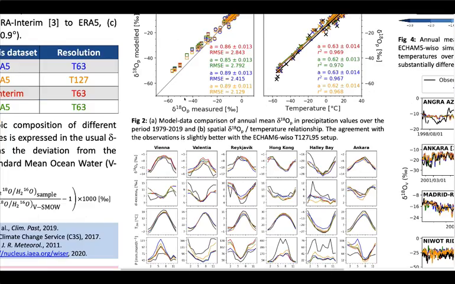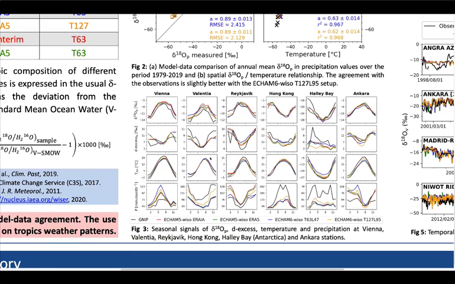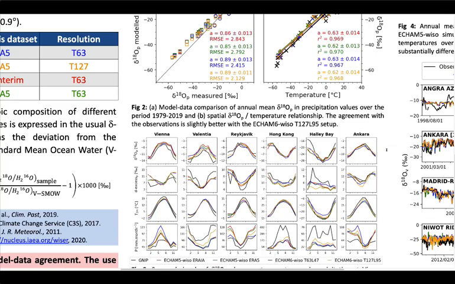Now let's go to the seasonal variability at a different station for different weather conditions, and we compare to the observation in isotopes, in temperature and in precipitation. And we have a slight improvement by increasing the spatial resolution, so in orange, but globally, despite that, the model results are pretty similar between them with more or less good agreement with the observations.